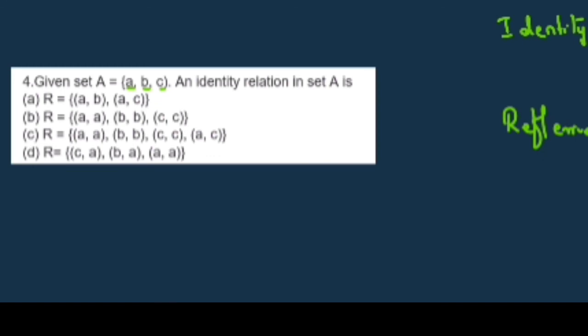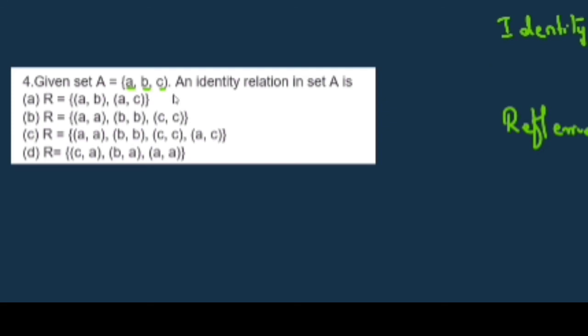Now what is reflexive? A relation is said to be reflexive if every element of A is related to itself. It can be related to other elements also. It is related to itself, that's very important, and maybe to other elements also.